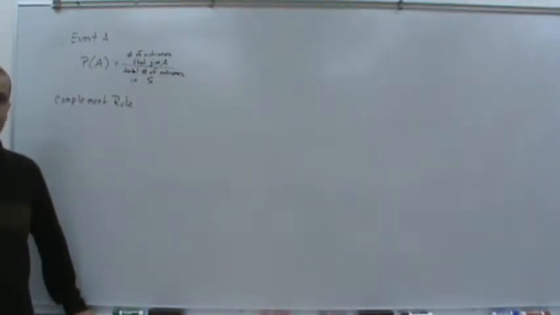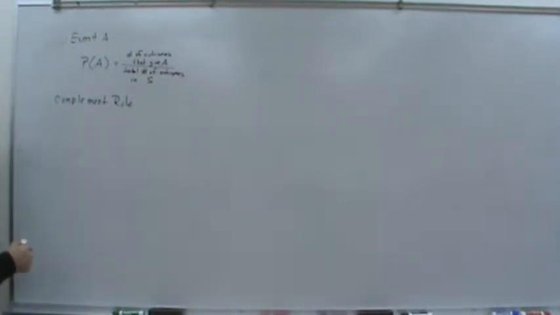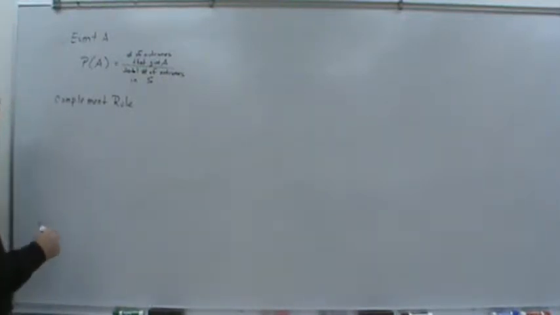So sometimes you can calculate the probability of an event by using the definition, but to do so would be tedious, okay? And we'll do examples where it becomes obvious of what we should use, okay? And if we use the complement rule in those cases, it makes our lives much easier, okay? So that's why I want to make sure you guys understand what the complement rule is, how to use it effectively, okay?